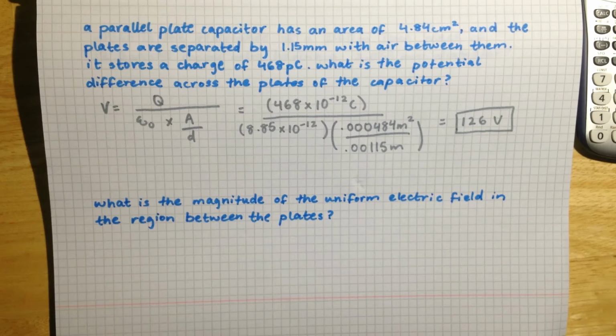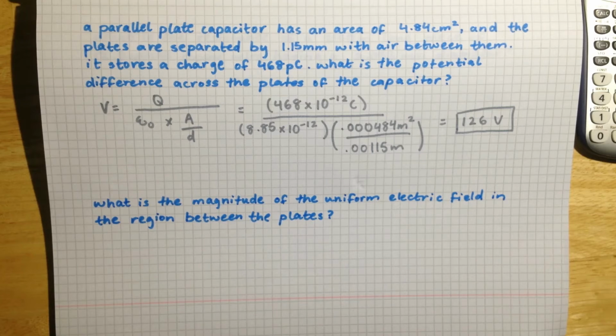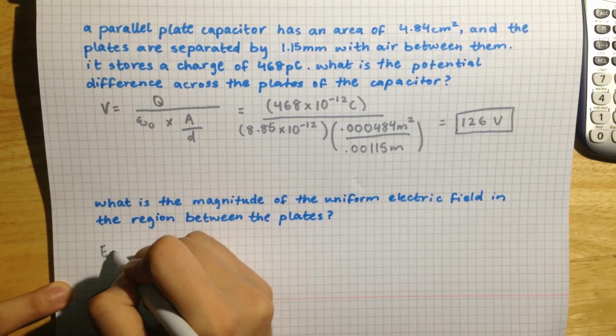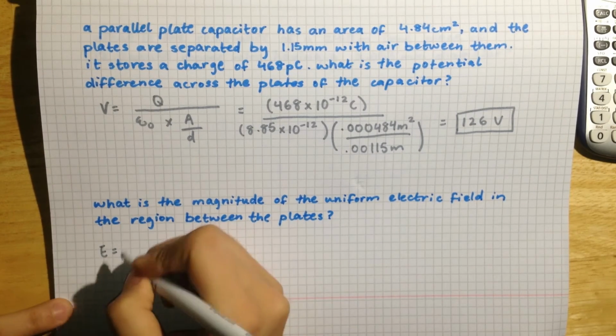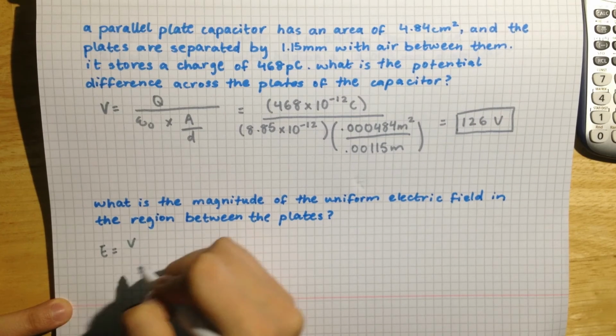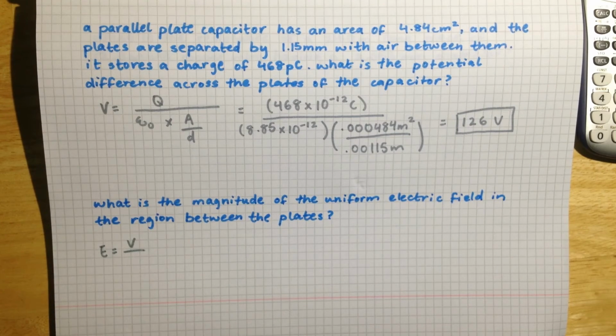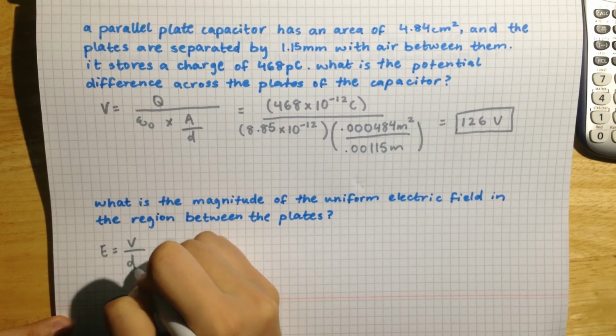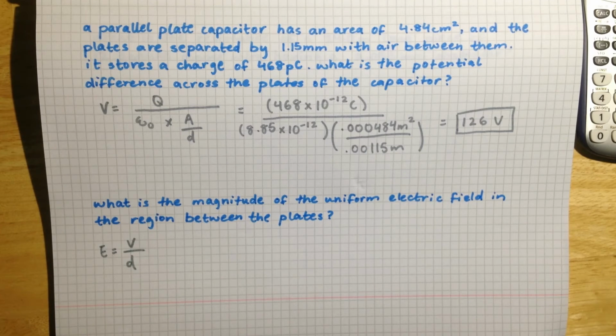The second part of this question is asking for the magnitude of the uniform electric field in the region between the plates. For this, we are going to use the equation E equals V over d. That is the magnitude of the electric field equaling the potential difference divided by the distance separating the two plates.